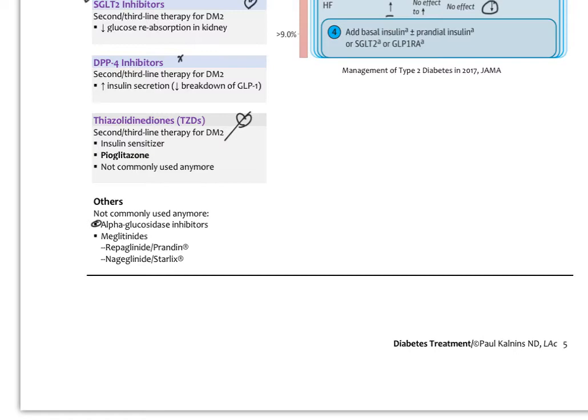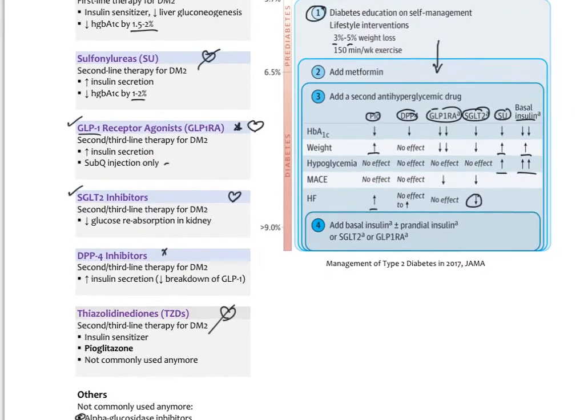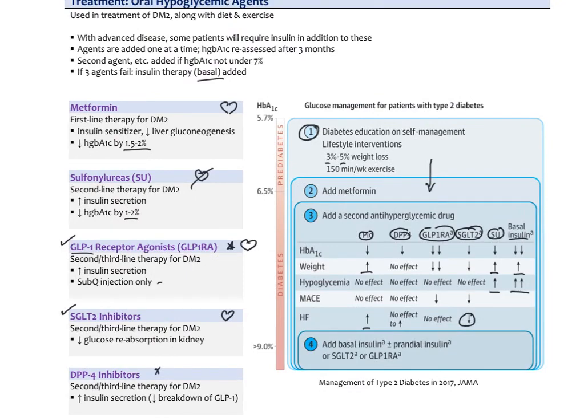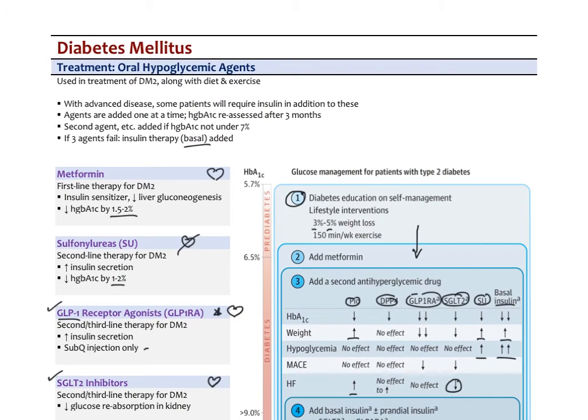Meglitinides would be the Prandin and the Starlix. These augment the actions of insulin, and so those are also usually taken with insulin therapy. They have to be taken several times a day, so these are something that I won't be talking about, but they are technically on the list of hypoglycemic agents. Okay, so that's a summary of the approach using the different agents.